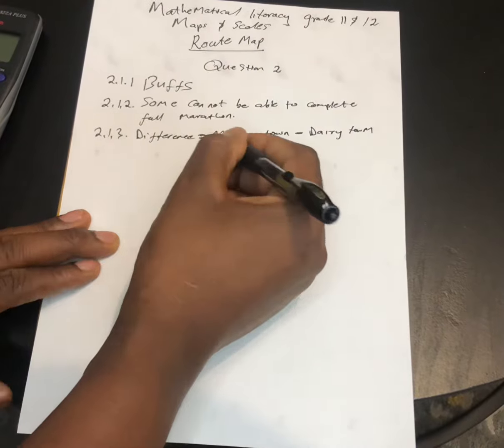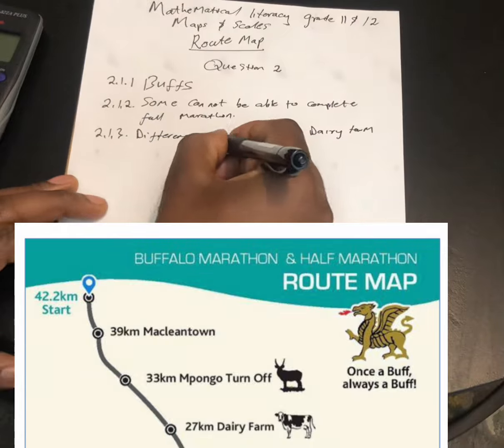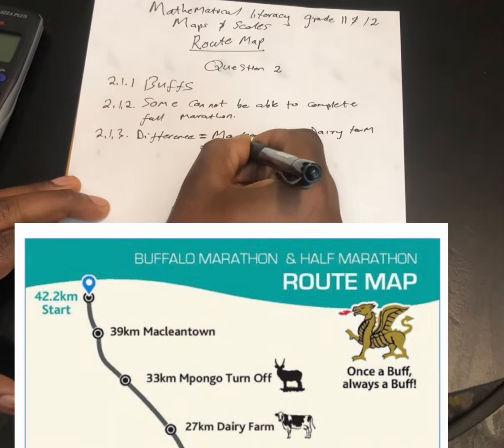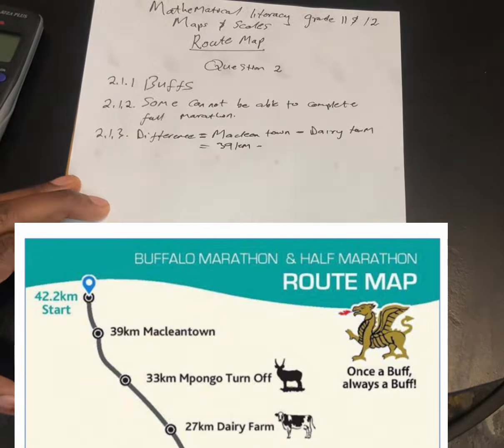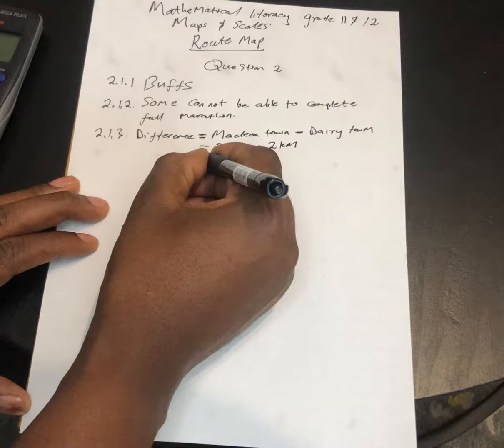So looking at the map, Maclean Town is written as 39 kilometers. We're going to have 39 kilometers minus the dairy farm, which is 27 kilometers.